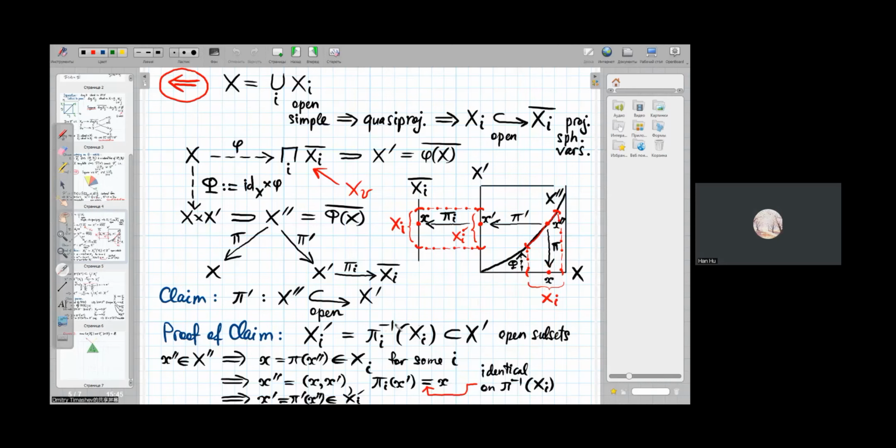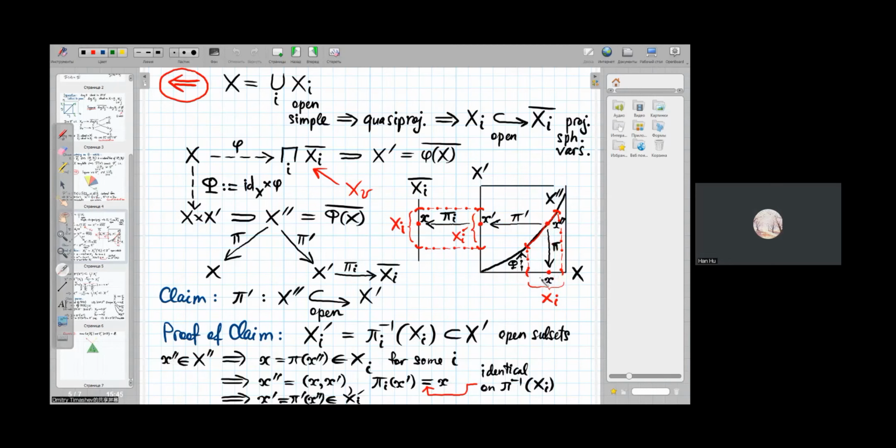That is the projection. This was our initial choice. What we are doing is taking a point on x double prime, this is our initial choice, and then you take the projections of this point under pi and under pi prime. So first you choose this point, and then you take its projections. Yes.